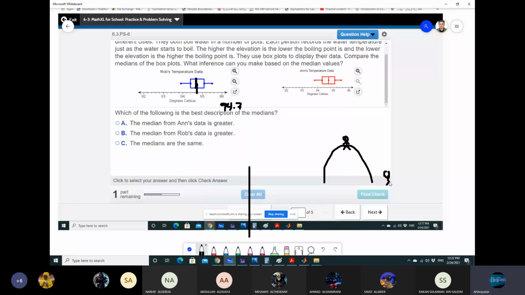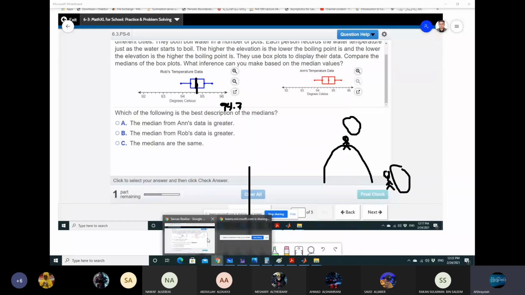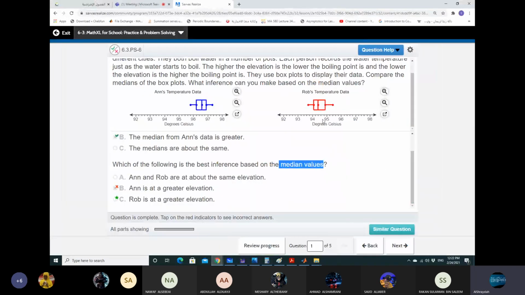I think the temperature here will be higher than the temperature here. So Rob is greater because the degree is less, and because of that Rob is at a greater elevation. Do you understand it? Yes. Okay, excellent.